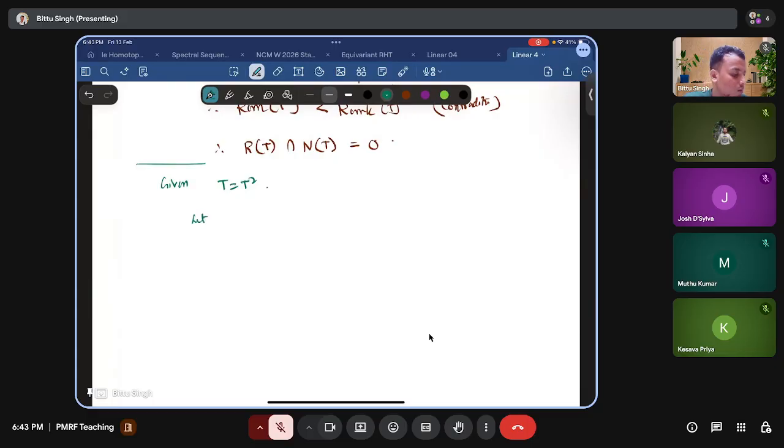Let the range have a basis alpha 1 up to alpha r, and the null space have a basis beta 1 up to beta k.